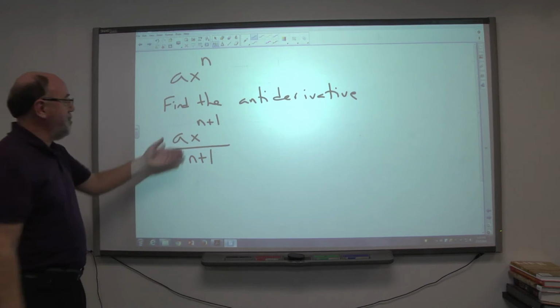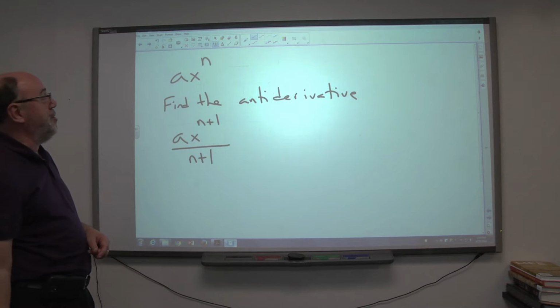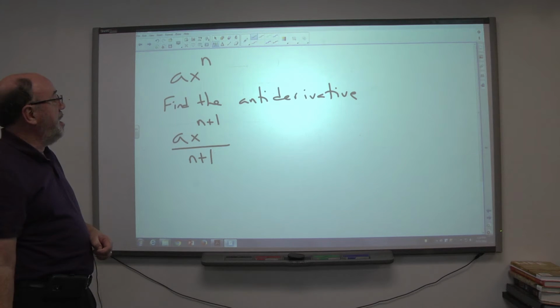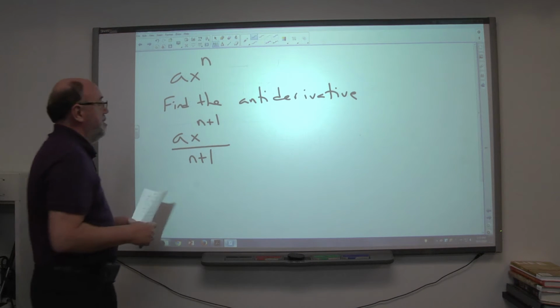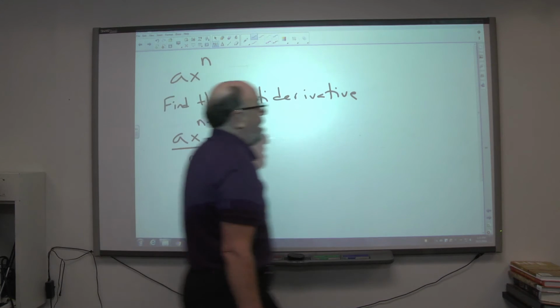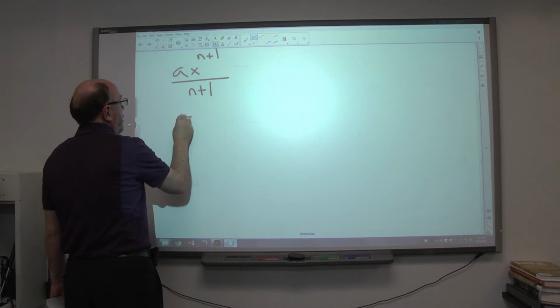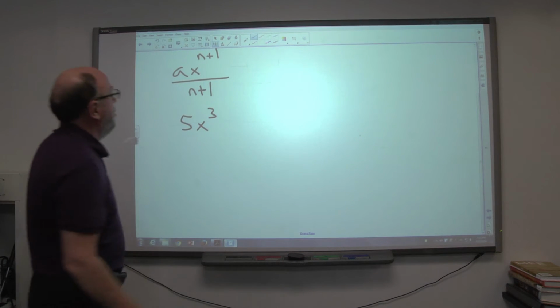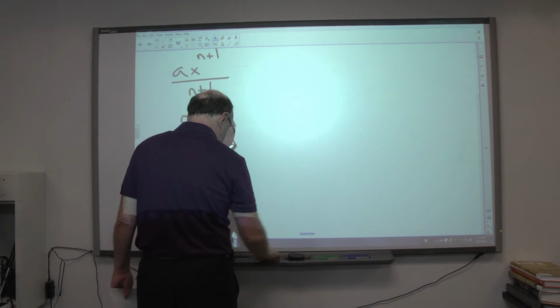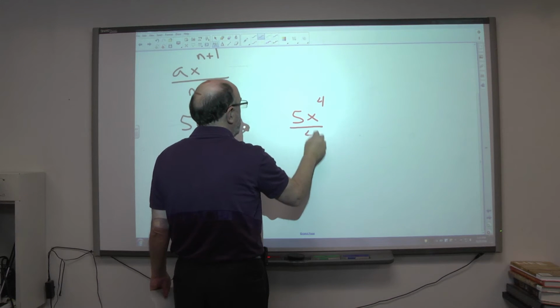And really this is the opposite of what we did when we were finding our derivatives. So when we did derivatives, we subtracted one from the exponent and multiplied. Now we're adding one to the exponent and we're dividing. Okay. So for example, if we had 5x cubed, then this would become 5x to the fourth over 4.